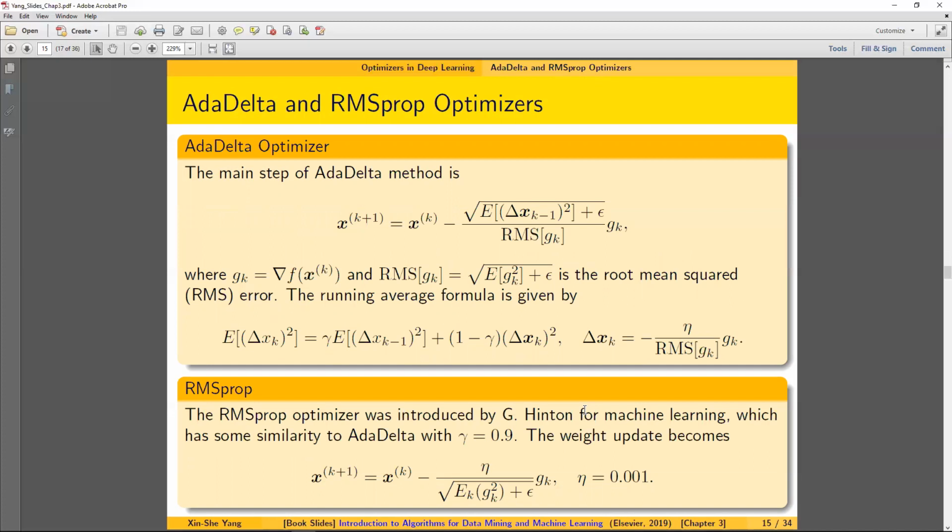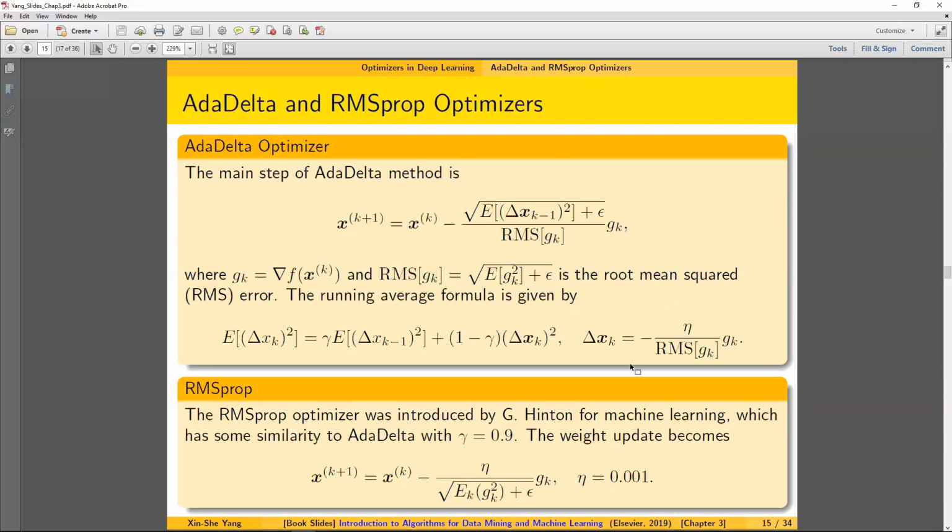So this is another different optimizer called RMSprop. The RMSprop optimizer has the same type of concept, so that you have this derivative concept there, and then the update concept, and then this square root is a root mean squared error, and then you have a running average formula, so that you can update.